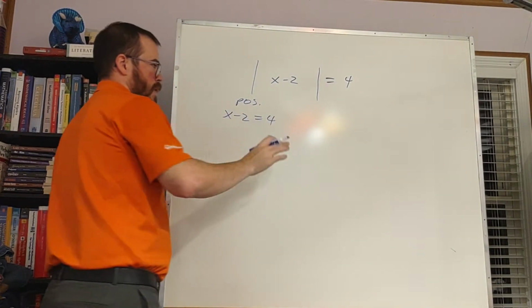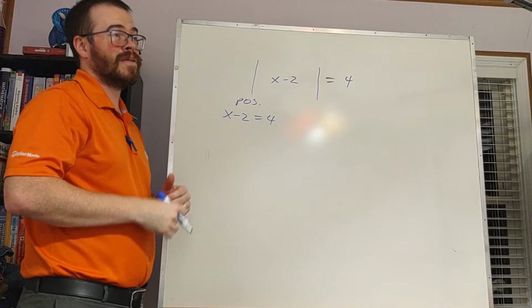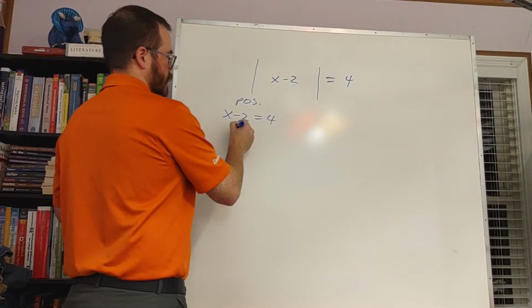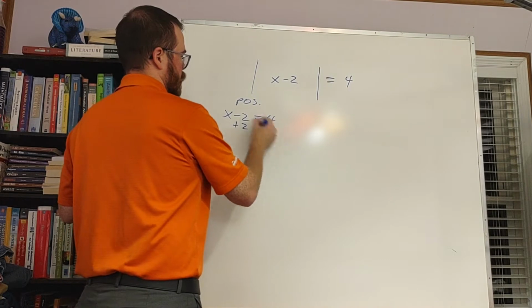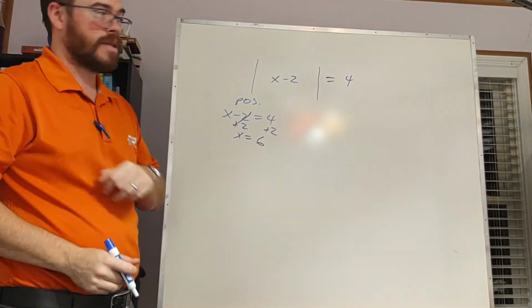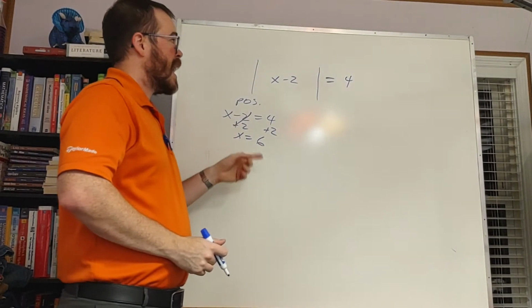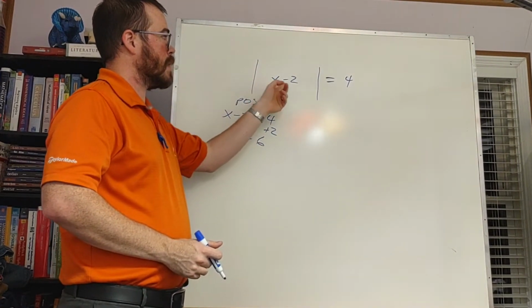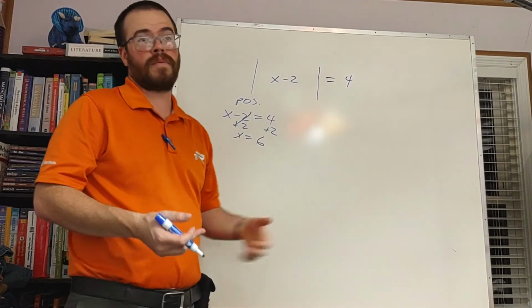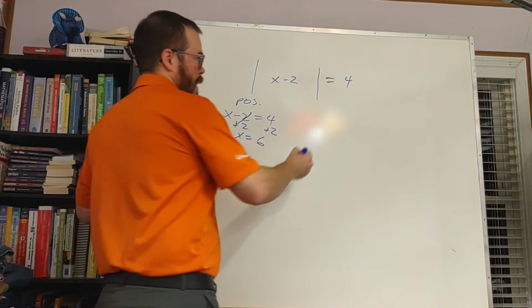That's the positive case. Solving this is the same as what we've done before. We add 2 to both sides. x equals 6. So that's one possibility. If we're looking at the positive case and I plug in 6, 6 minus 2 is 4. The absolute value of 4 is 4. So that works.